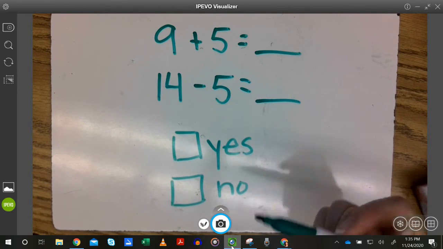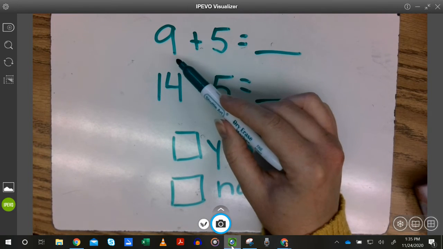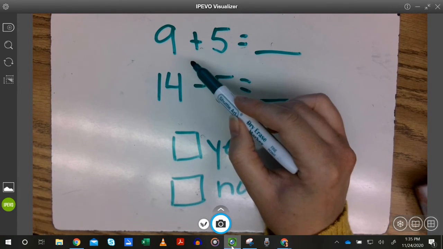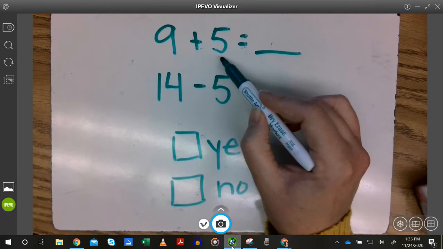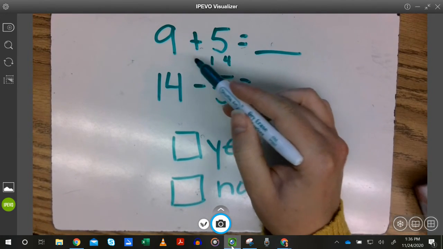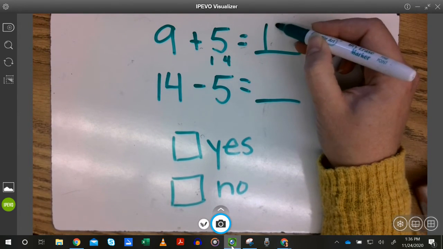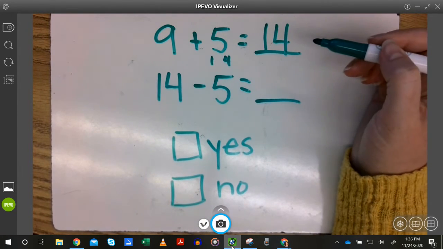Let's find out. 9 plus 5. Well, if it was 9 plus 1, it would be 10, and then 4 more, because 1 and 4 make 5. So I'm going to break my 5 apart into 1 and 4. 9 and 1 make 10. 4 more, bump out the 0. The sum is 14.